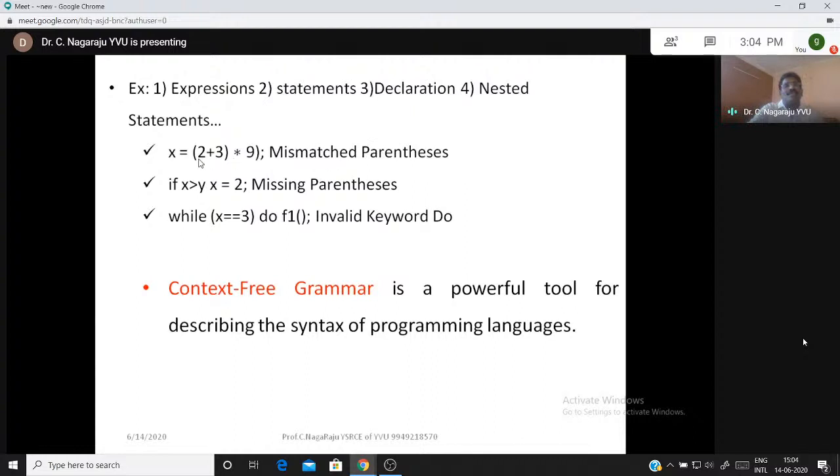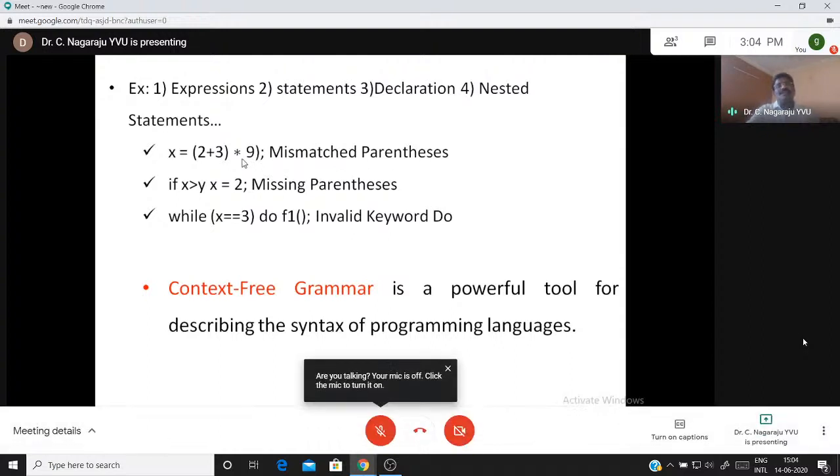There is only one left parenthesis but two right parentheses, so it displays the message mismatched parentheses. This error cannot be detected by the lexical analyzer, which simply sends a stream of tokens to the syntax analyzer.